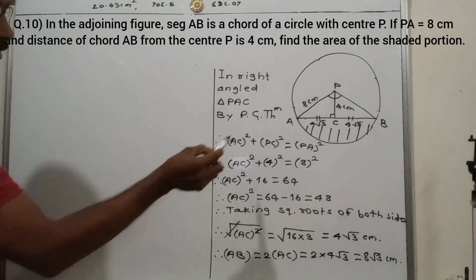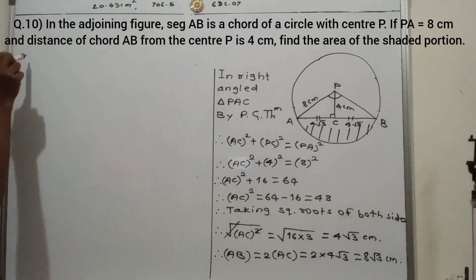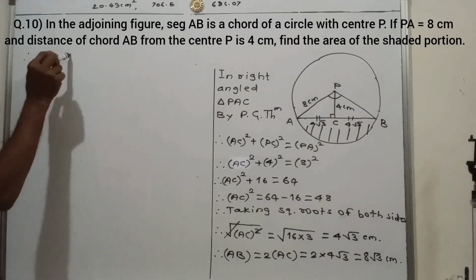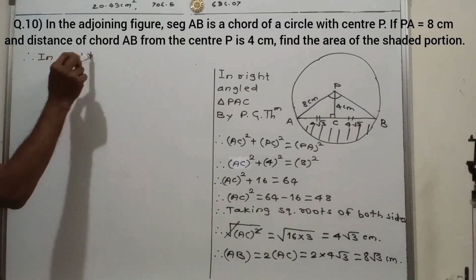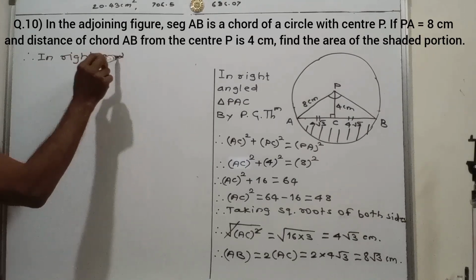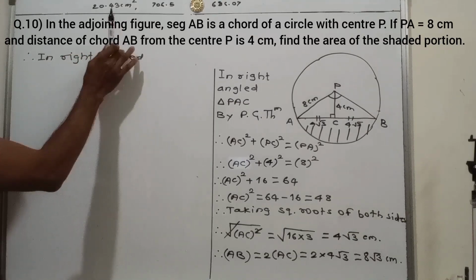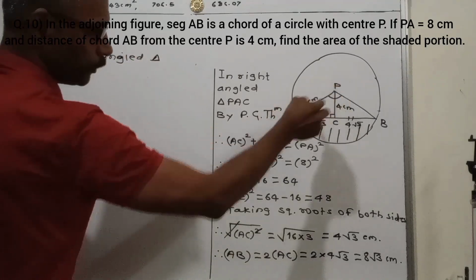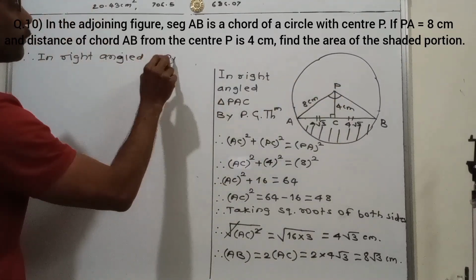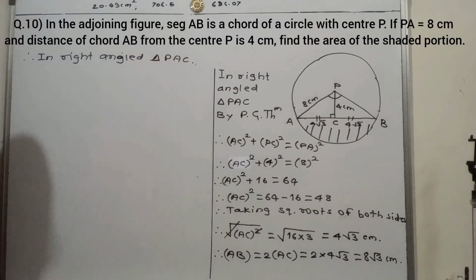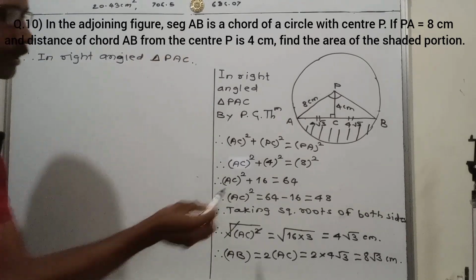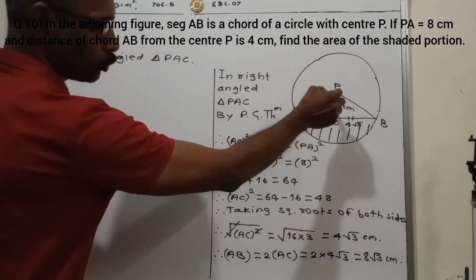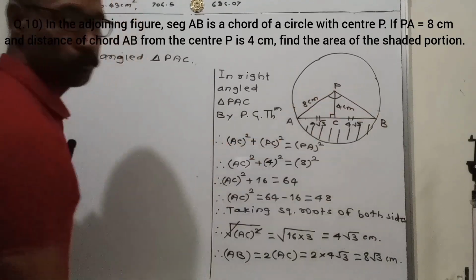Okay, now see this. In right angled triangle PAC, see this. We want this angle plus this angle, means total APB.